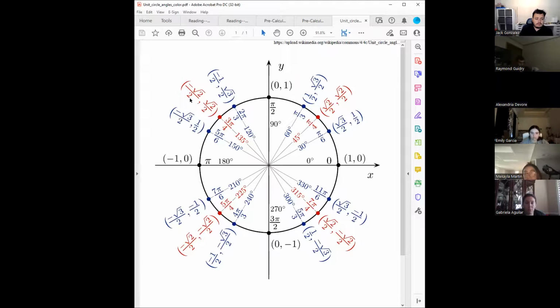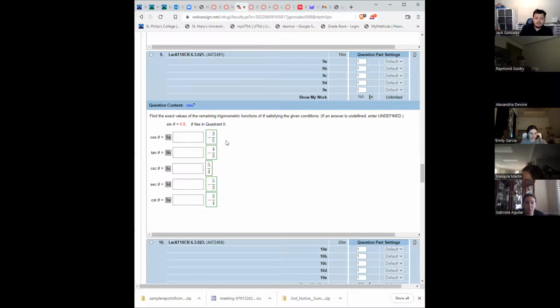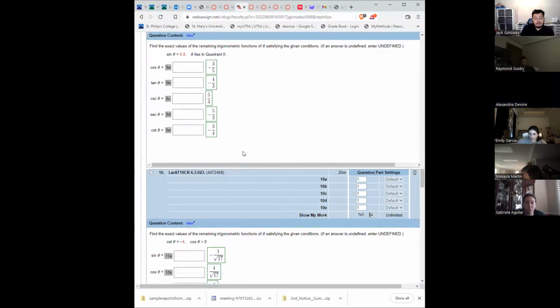X is negative, right? Yeah. That's all you got to do. Once you know the signs, when you start solving these pieces, make sure whatever has a cosine or an x, you check that the sign is negative. Okay.